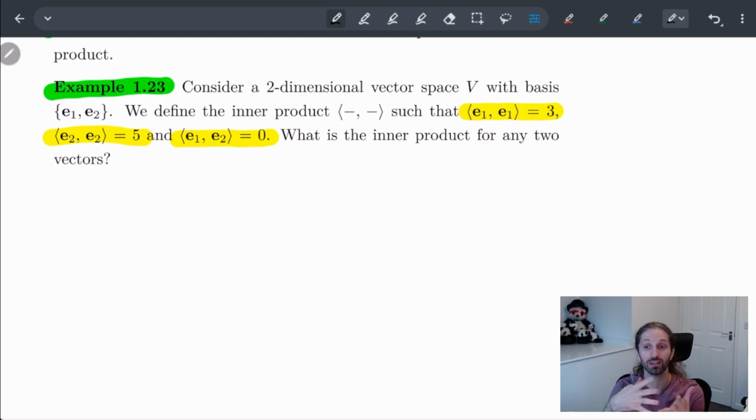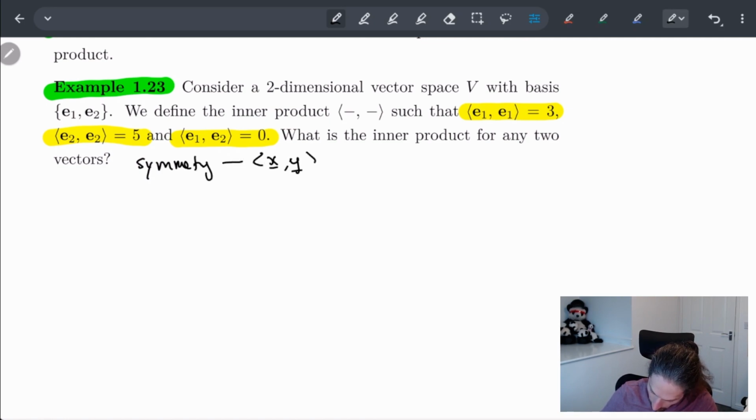Now, first, I'm telling you that it's an inner product, so that's kind of nice. We know it's an inner product, but we want to know explicitly how to find it for two vectors. So let's figure it out. Symmetry, what's symmetry again? Symmetry is saying that <x, y> is equal to <y, x>.